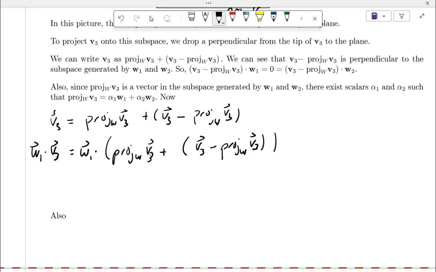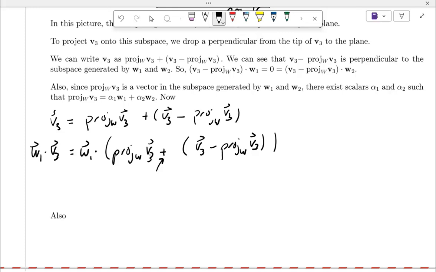What can I do with the dot product of W1 with respect to that plus sign? Distribute, right? When I take that W1 and distribute it to the second piece, what am I going to get? Zero. It's going to be 0, right?